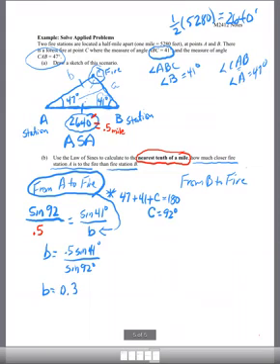Now remember, this is of a mile, and my mistake, it says here round to the nearest tenth, so we'll take that one more time. That's 0.3, so it's 3/10 of a mile from A to the fire.